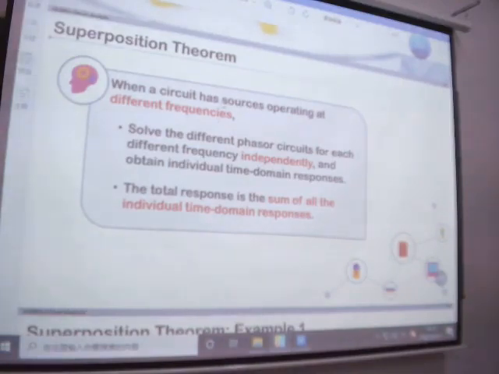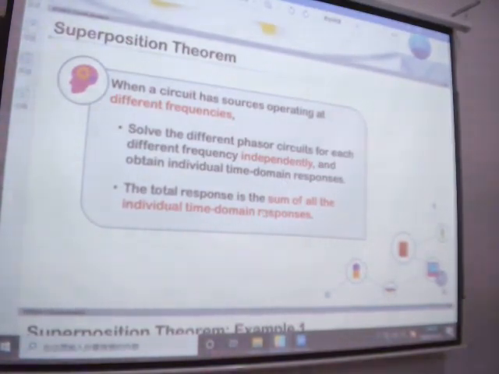What should we do? When a circuit has sources operating at different frequencies, we solve the different phasor circuits for each different frequency and obtain individual time domain responses. What does this mean? We need to draw 2 different figures, right? Because every element has responses to every individual source.